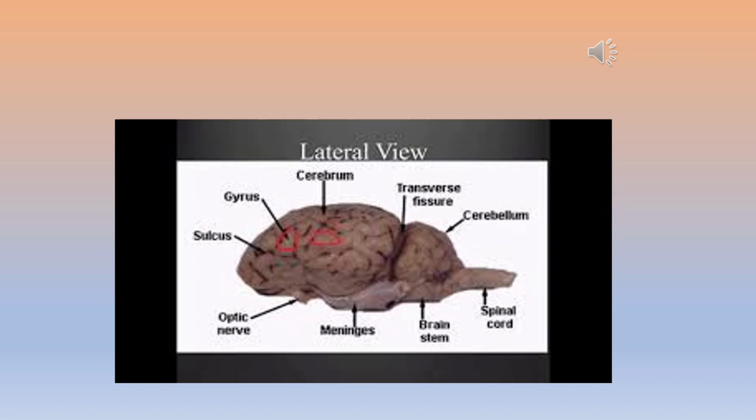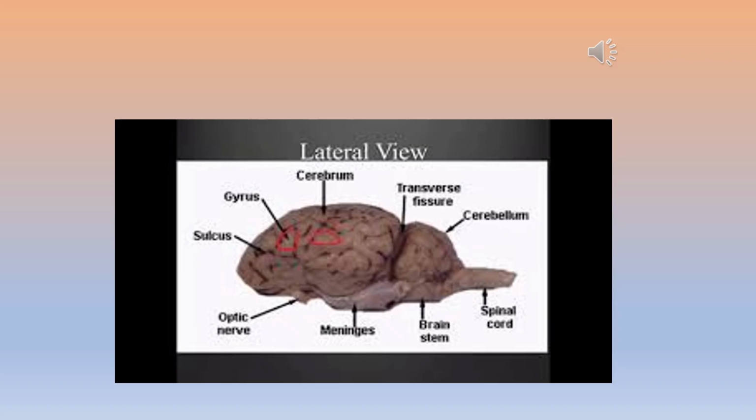Dura mater translates tough mother. The next layer, as you go toward the brain, would be the arachnoid. Arachnoid translates like a spider. Actually, I think what they meant to say is that the arachnoid layer of the meninges is like a spider's web.